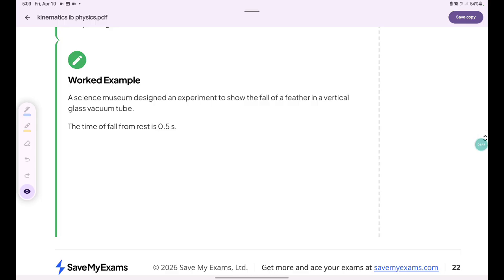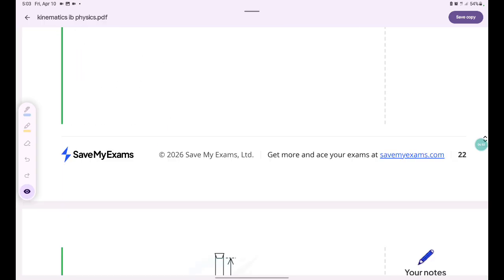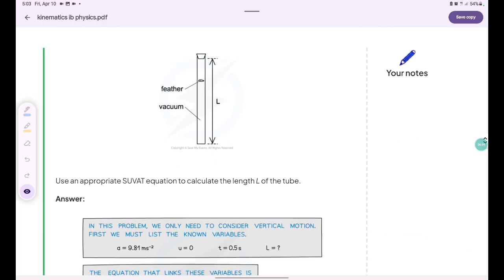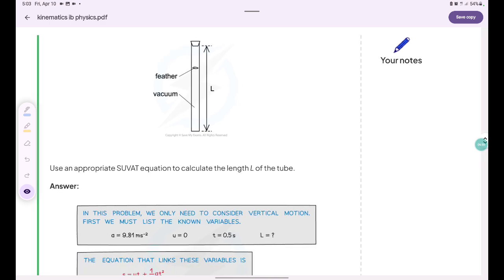The time of fall from rest is 0.5 seconds. Use an equation to calculate the length of the tube.